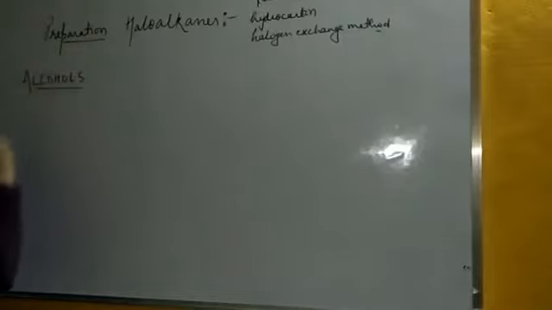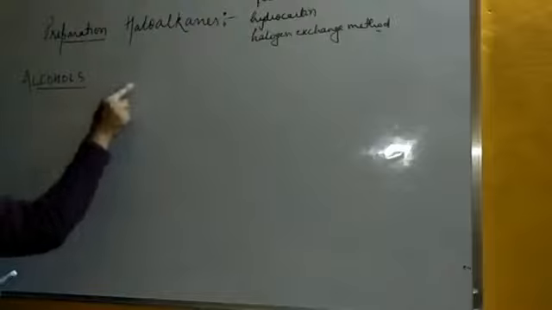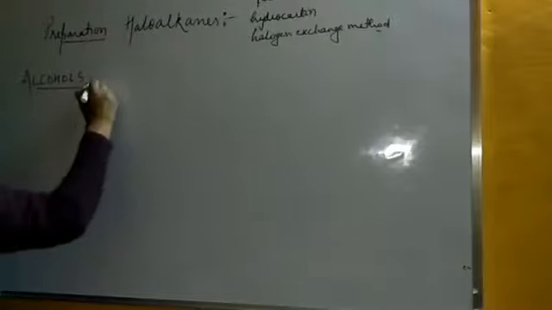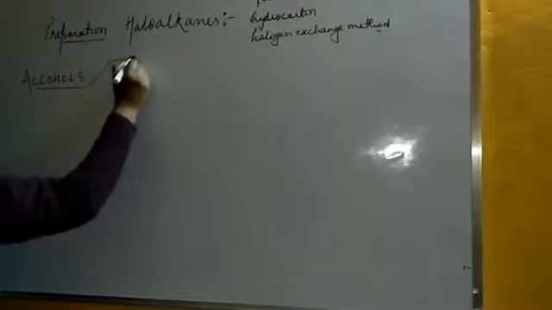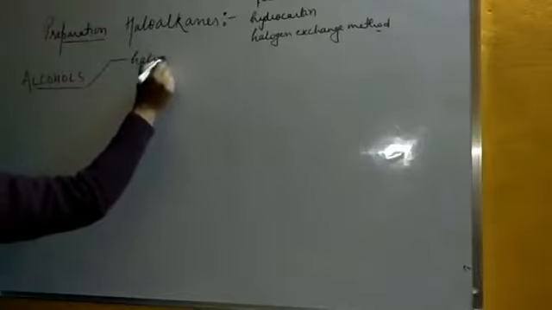right? So if we have to prepare the haloalkanes from alcohol, here again students we have got three methods. First is by reacting the alcohols with halogen acid.